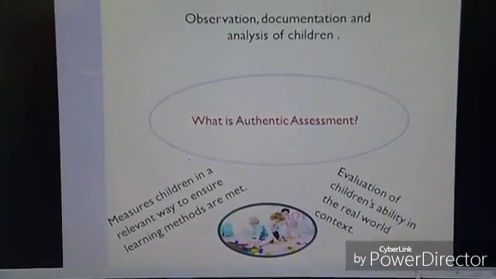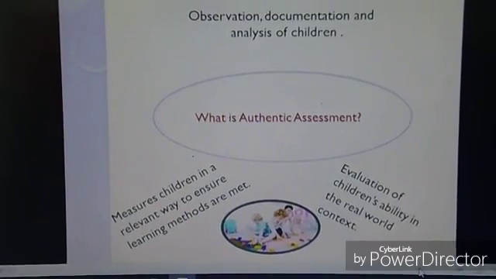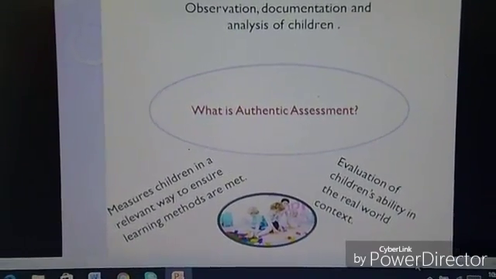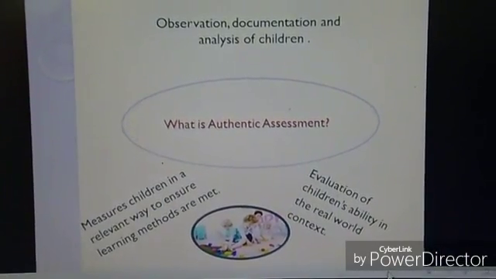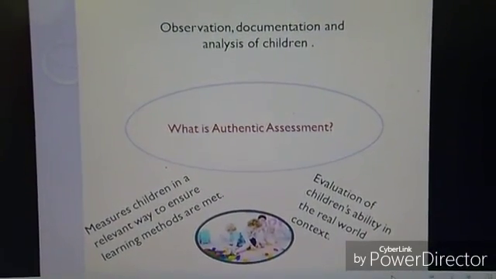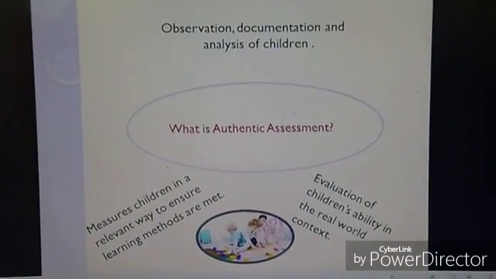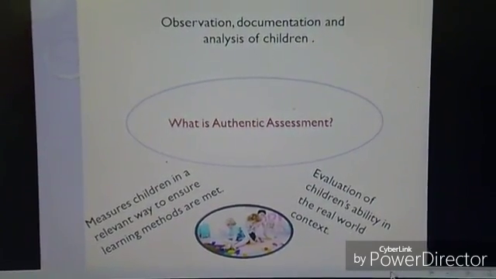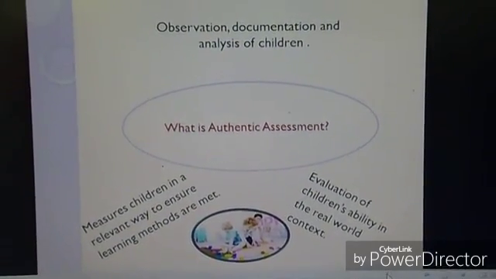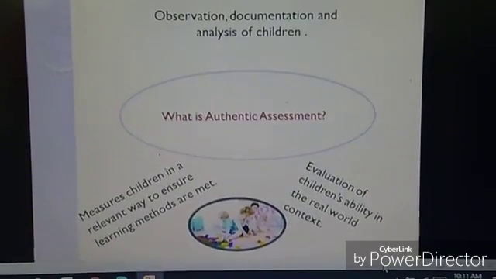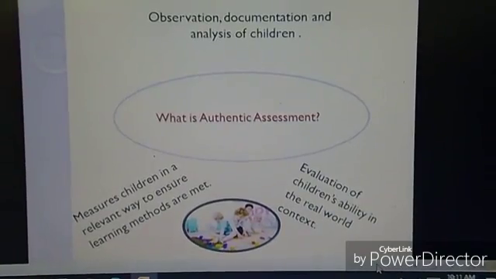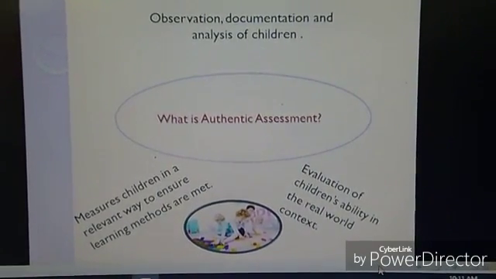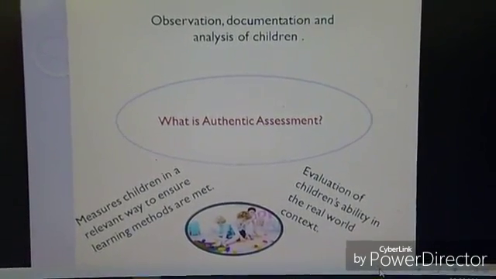When students are given an authentic task, they do not have to memorize facts or study as if it's a test or an examination as with traditional and other assessments. All they need to do is to analyze what they have learned and apply it with their very own experience. In this way, they are able to use their own creativity to show or to enhance what they have learned.